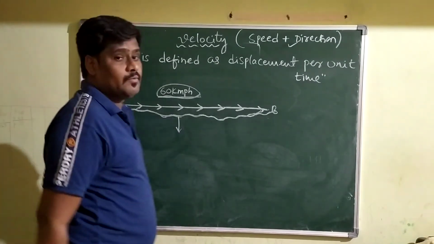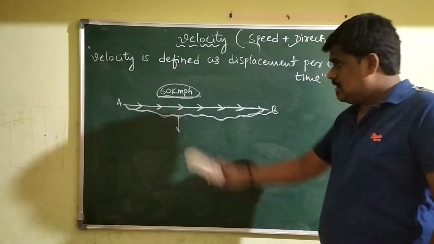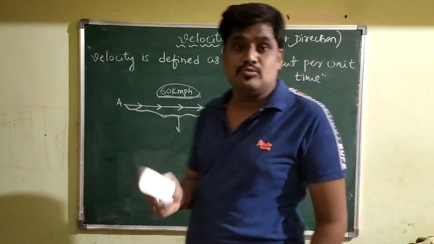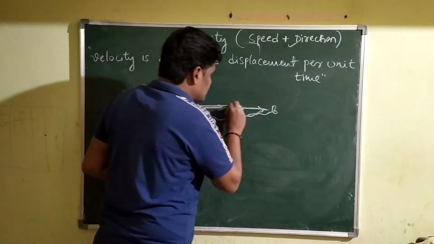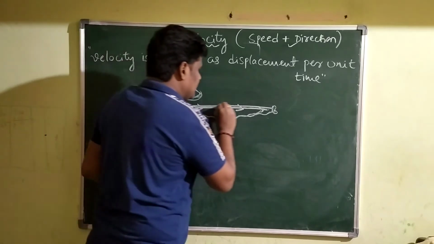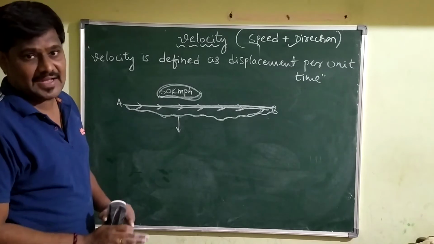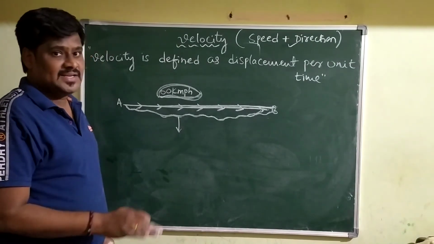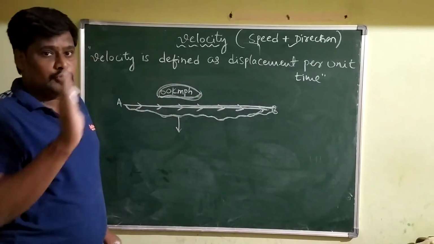When are speed and velocity the same? Speed and velocity both are the same when the body is moving in a straight line. If the body is moving in a straight line with a constant speed, then I can say that the body has the same speed and same velocity, uniform speed and uniform velocity.